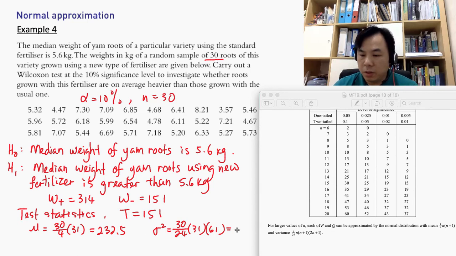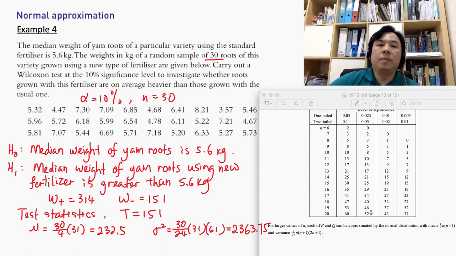Let me try that out. The variance is 2,363.75.